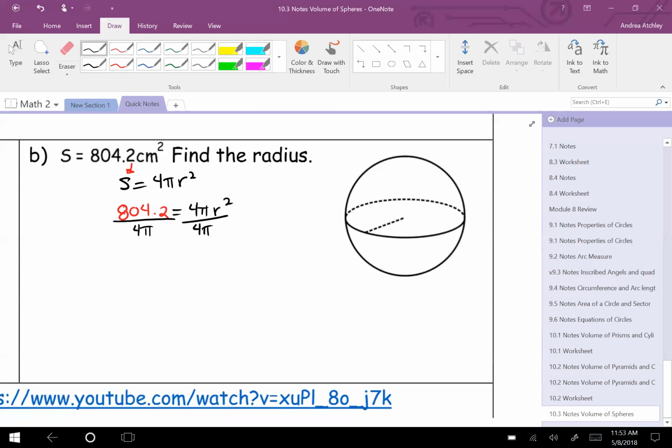I'm guessing a lot of you did not get that. When you plug this in, if you're going to divide by 4 pi, you need to put the 4 pi in parentheses. If you don't do that, then you're going to get like 600 and something.